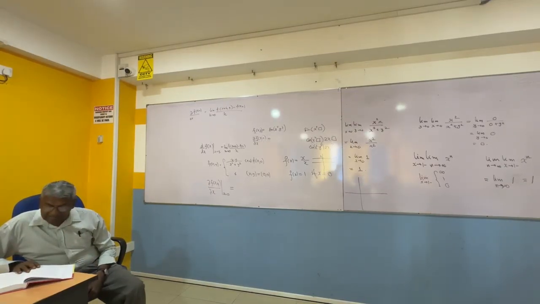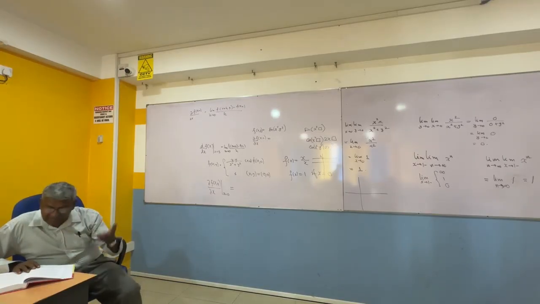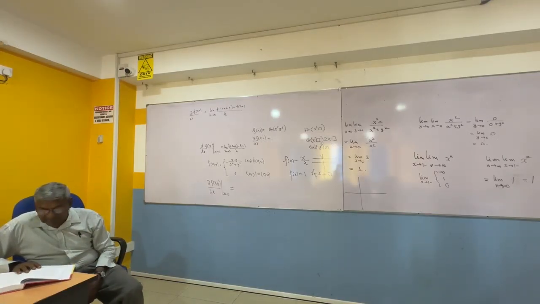If you apply L'Hopital's rule incorrectly, derivative of f(x) equals x is 1, numerator is 1, derivative of 1 plus x is also 1. 1 over 1 is 1. So from L'Hopital's rule you get the limit is 1. When you calculate the limit normally, you get 0. So that's something wrong, no?